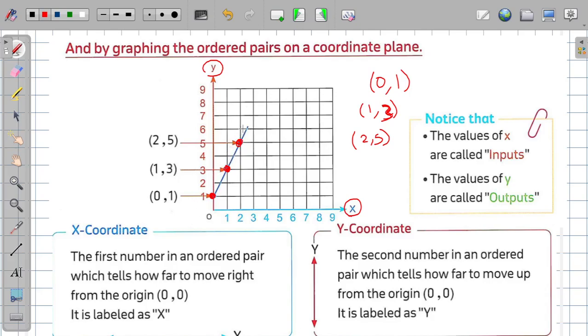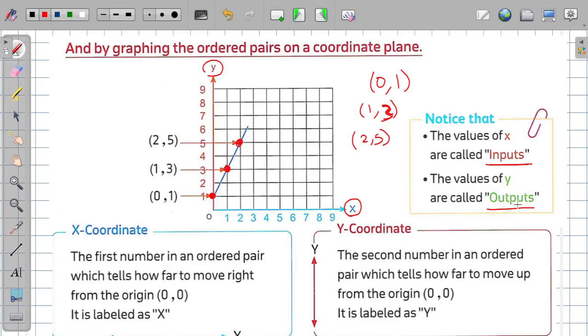So this line represents the relationship between x and y, and we can define the values of x here as the inputs, and the values of y we can call the outputs.